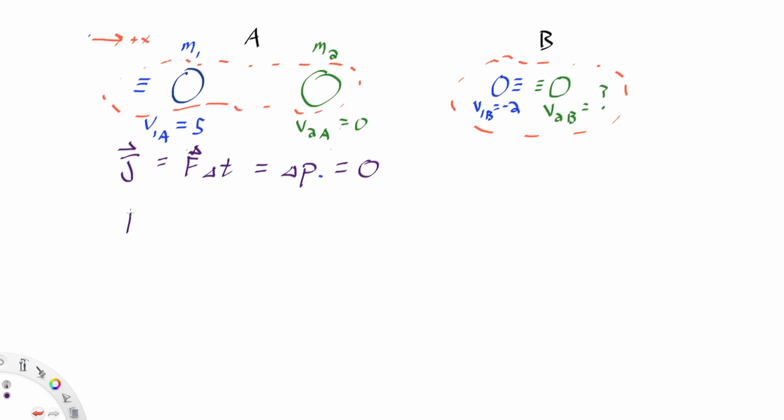So that lets us say the momentum at A equals the momentum at B. So the momentum of the system at A is mass of object 1, speed of object 1, plus mass of object 2, speed of object 2, and at situation B, same thing, mass of object 1, speed of object 1, mass of object 2, speed of object 2.